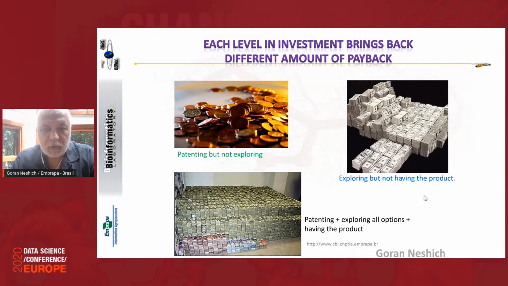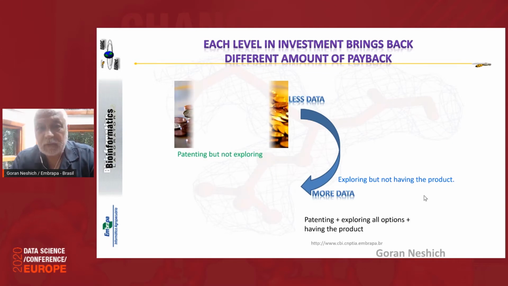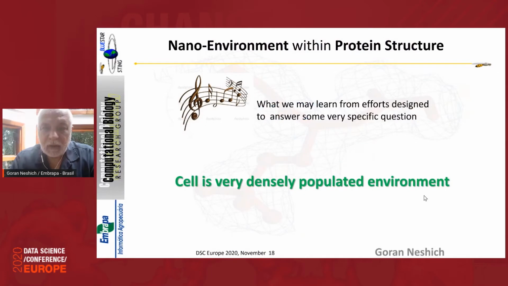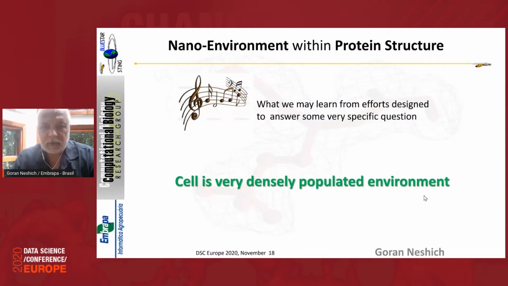If we don't have the product, which brings the most money, we get much less. But that also reflects how much data we have, and the more data we have, the more money we can get from this patented intellectual property. I will talk a little bit about that.